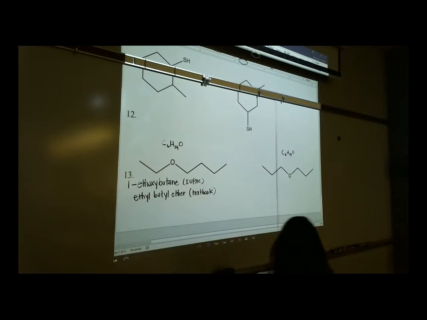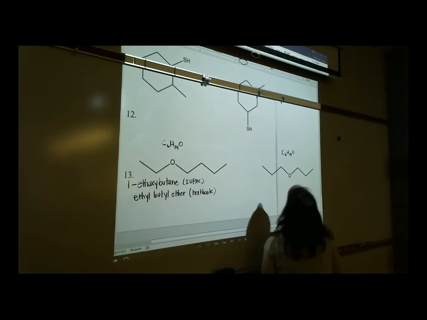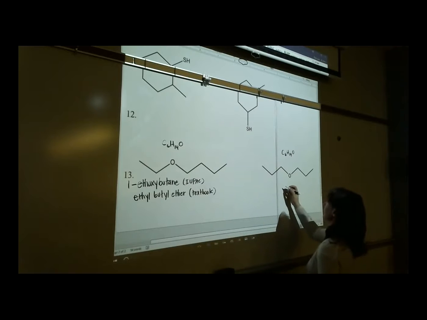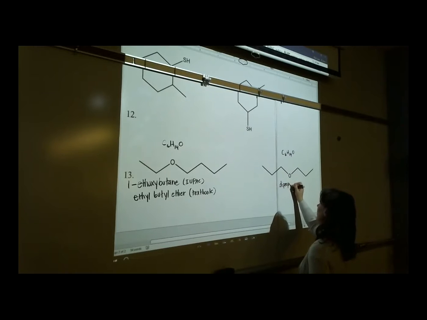Okay, now over here, what would be the IUPAC name for this? I put dipropyl ether. Dipropyl ether would work, yeah, with no numbers. The other name that would work would be 1-propoxypropane. Right? This is 1, 2, 3.